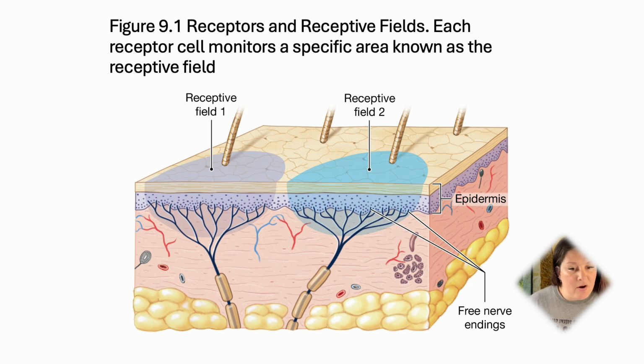However, if we compare that to the back, the back has large receptive fields. Say, for example, we would combine receptive field 1 and 2, and that would innervate just one area, one nerve.